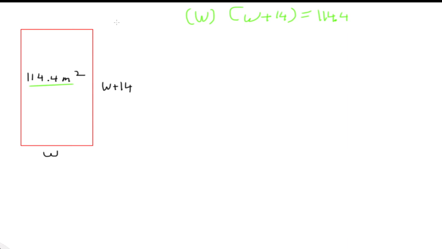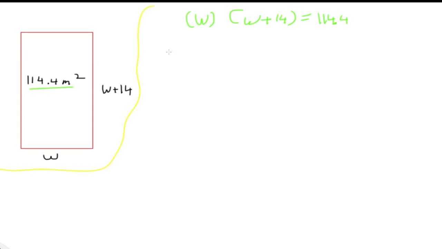And what you want to start off with is factorizing, simplifying. So you have to do w times w, which is w squared, and w times 14, which is 14w. So plus 14w, and then equals 114.4.